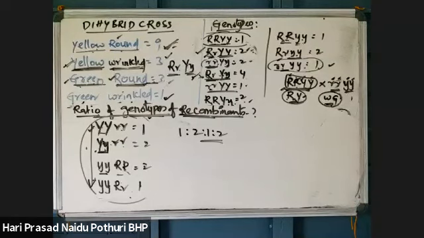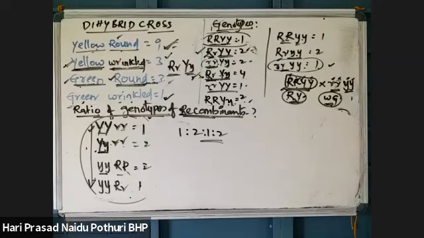Yellow and green color segregated in a 3:1 ratio.